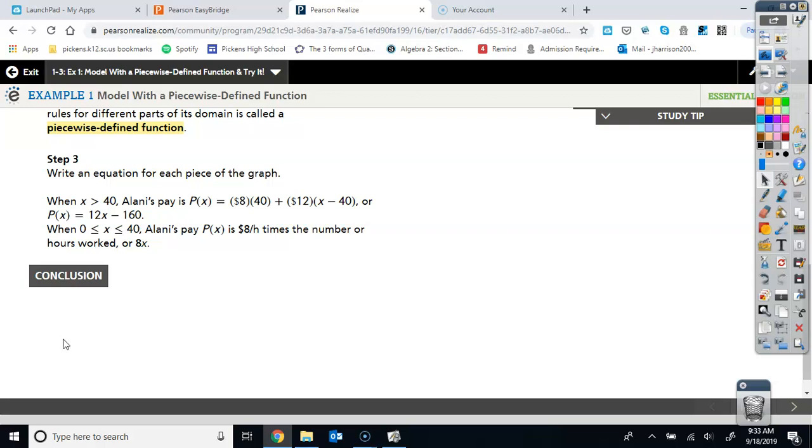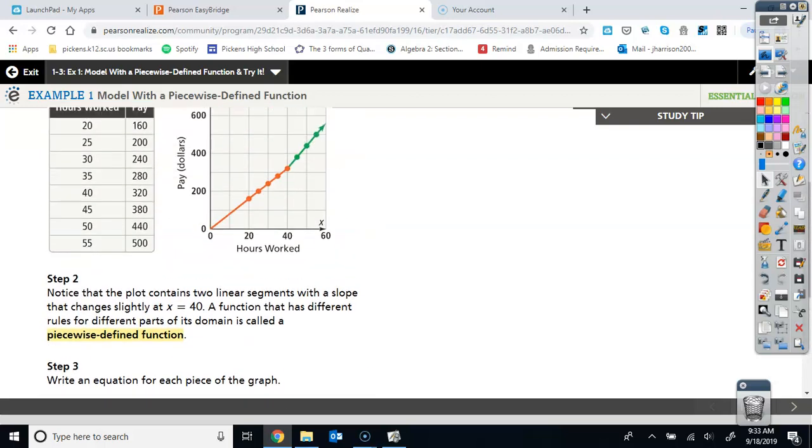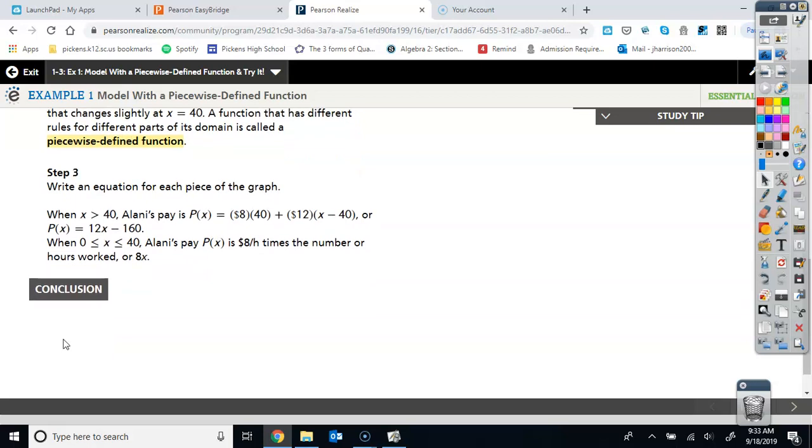When it's between 0 and 40, her pay is just the normal rate of 8 times the hours, or 8 times x. So notice also, you've got here $8 times 40, that's $320, plus the $12 times the hours more than 40, I should say, sorry.